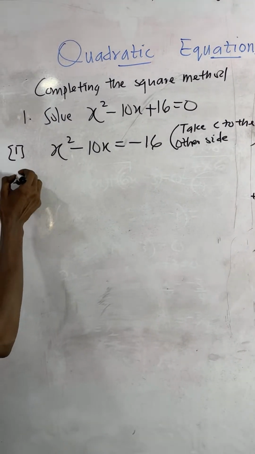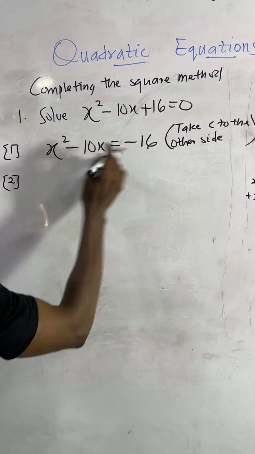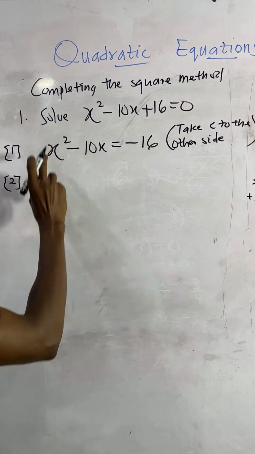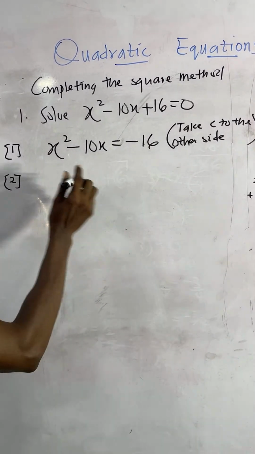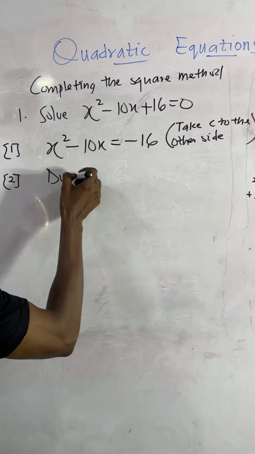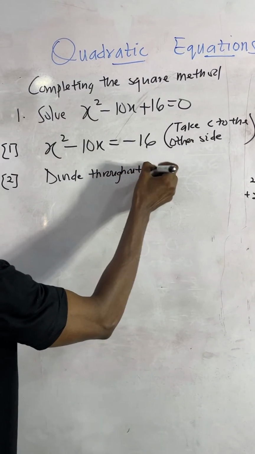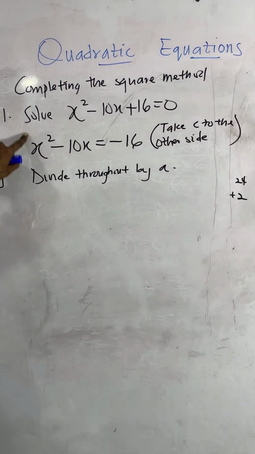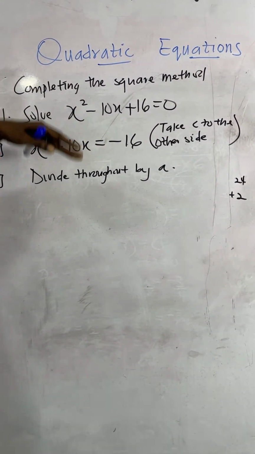And the second thing to do, you divide throughout by a. So a is 1. So if you divide this by 1, you get the same thing. Anything you divide by 1 is still the same. But ideally, you divide through by a, because the coefficient of x squared must be unity for you to use completing the square method.